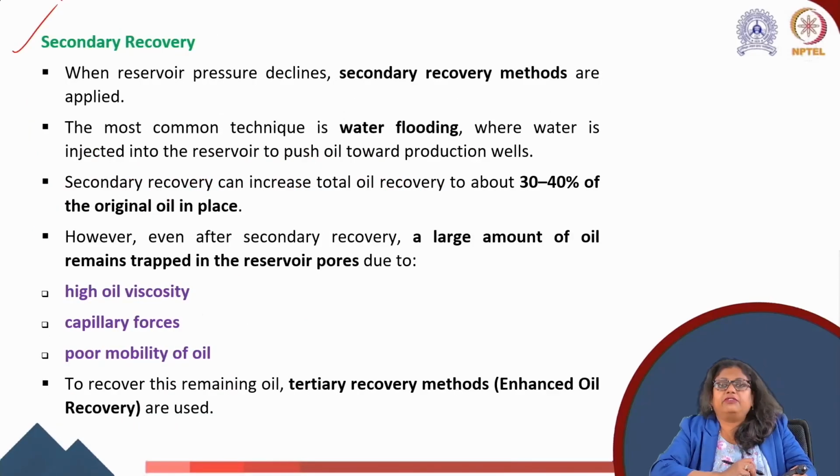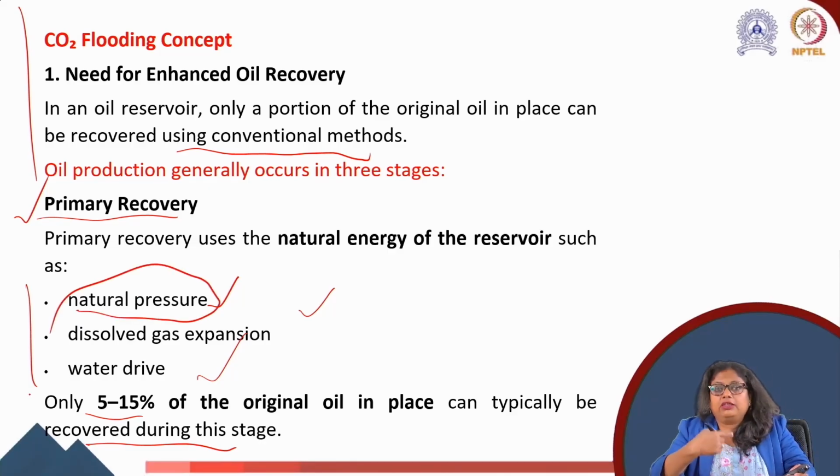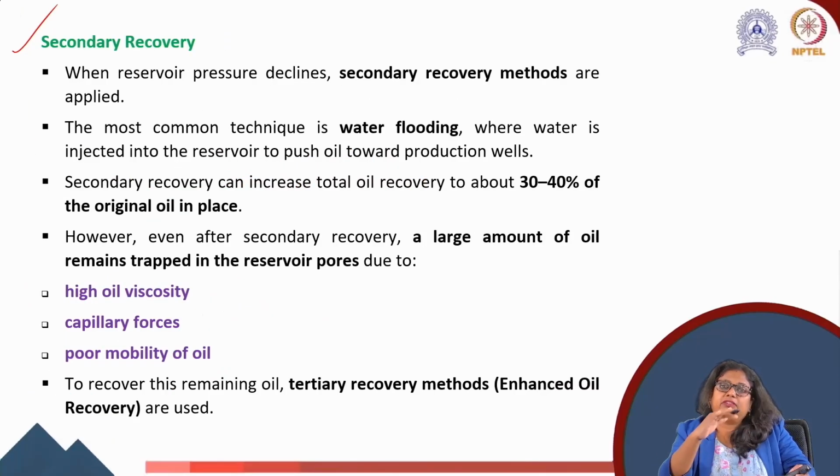Then the second stage is the secondary recovery. As oil keeps being extracted from the subsurface, there is a decline in the reservoir pressure. When reservoir pressure declines, secondary recovery methods are applied.